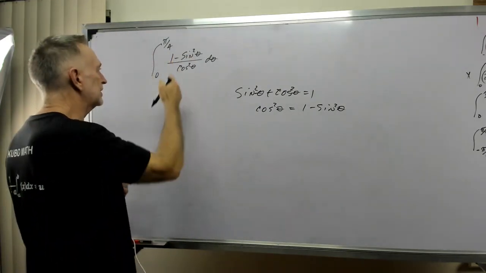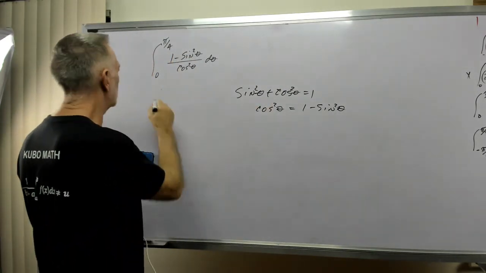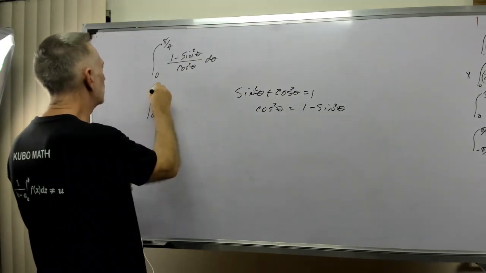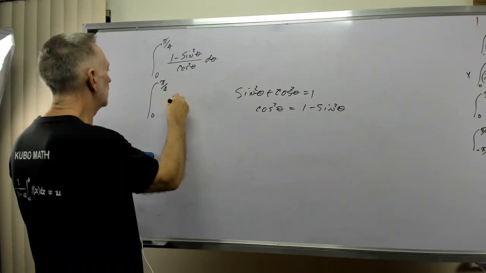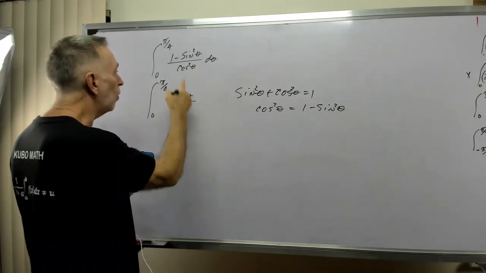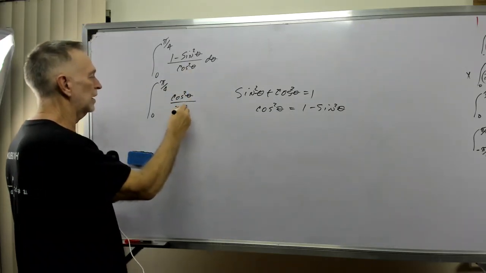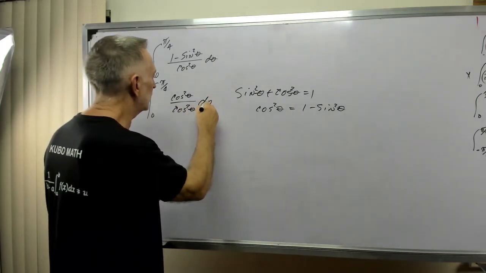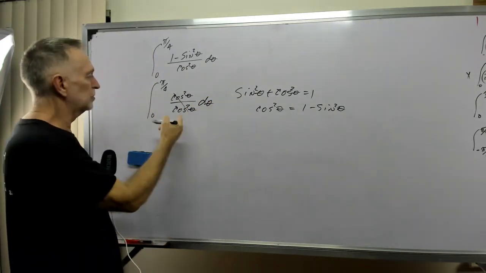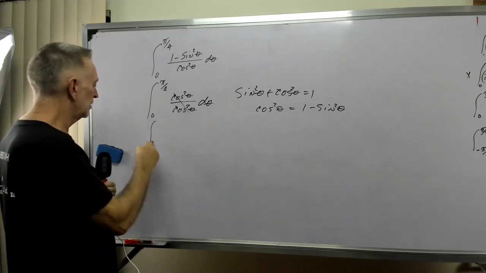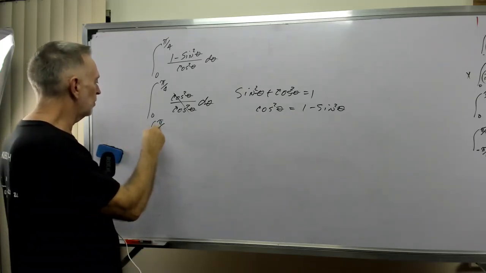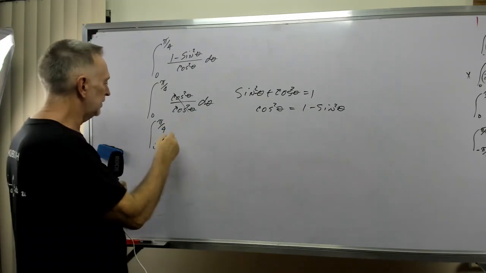I can replace that with cosine squared theta. So now I have the integral from 0 to pi over 4 of cosine squared theta over cosine squared theta d theta. This is looking better all along. Well, that just becomes 1. So now I have the integral from 0 to pi over 4 of d theta.